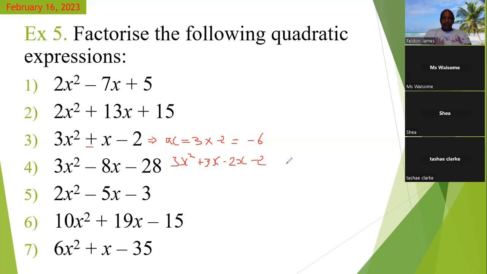All right, continue. So you're going to pull out the HCF, which is 3x. So 3x into 3x squared gives you x, and 3x into 3x, it goes 1. And so the next HCF is -2.